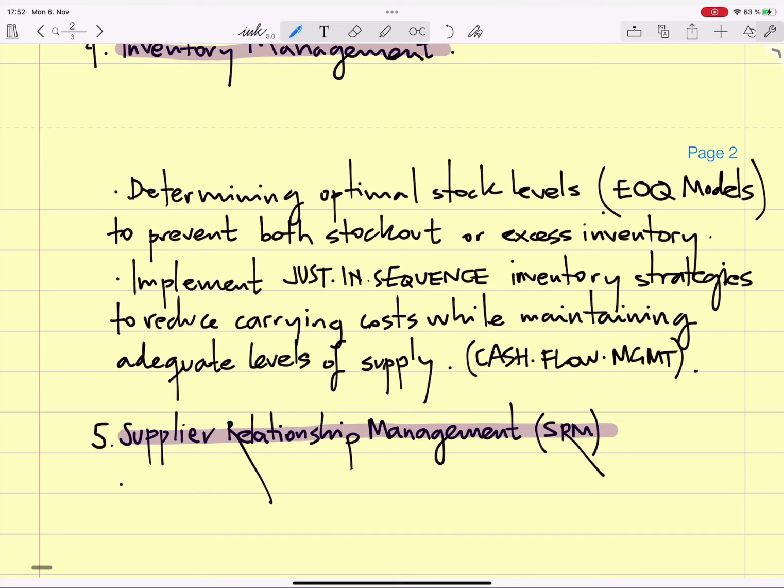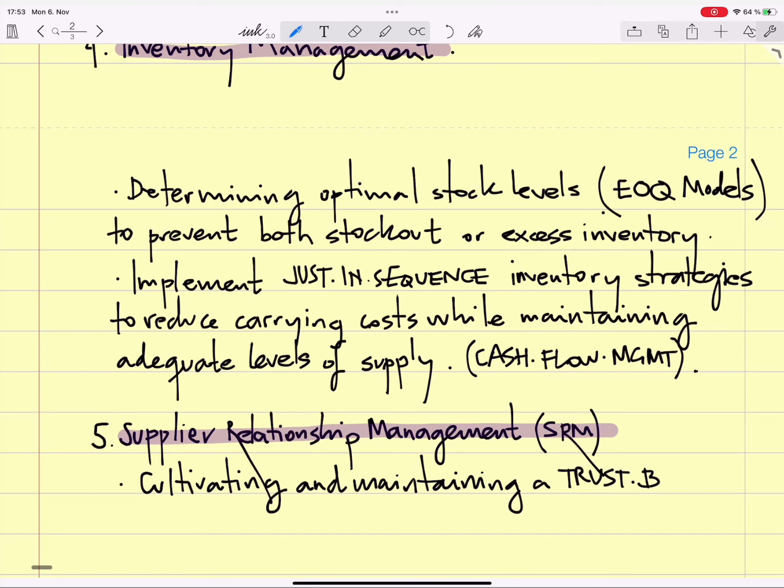So make sure you cultivate and maintain a trust-based relationship with at least your key suppliers.